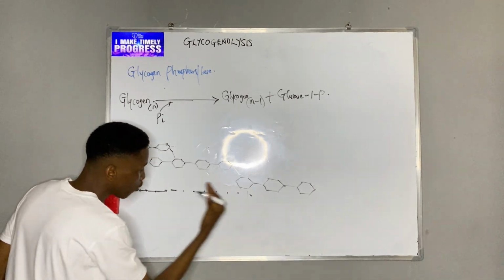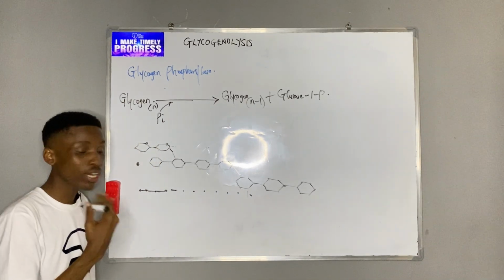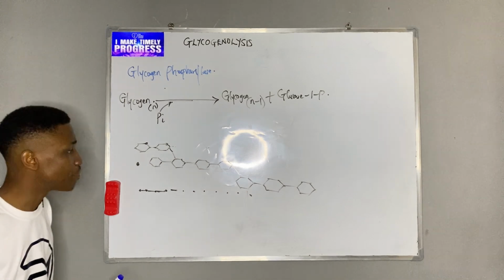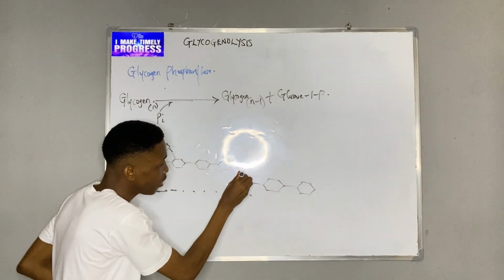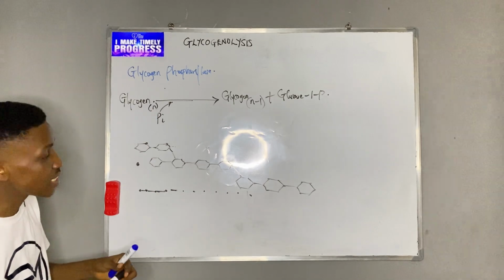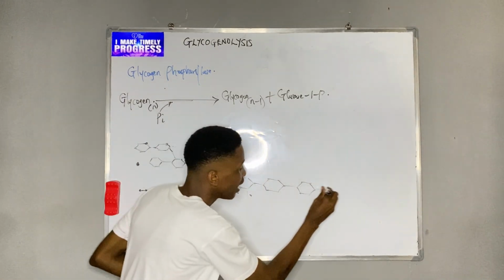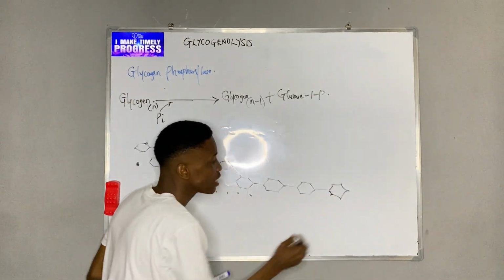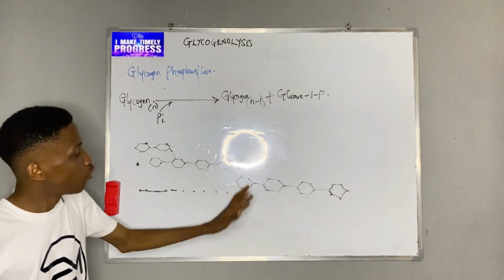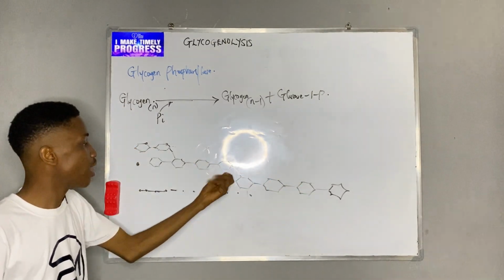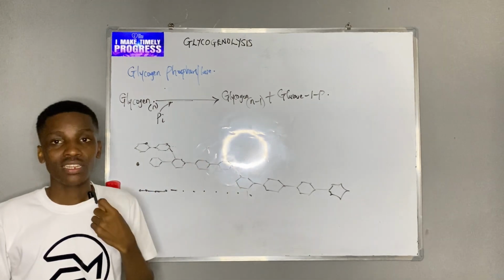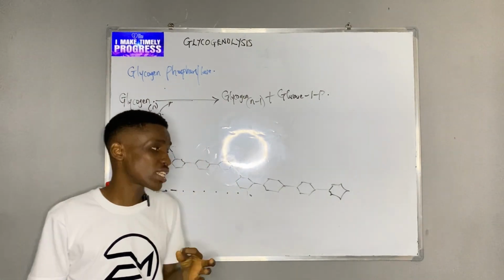I keep breaking them one after the other. By the time I go to a branching and I keep breaking and breaking, I just have 4 persons left around that branch chain. I don't know if you're understanding me.